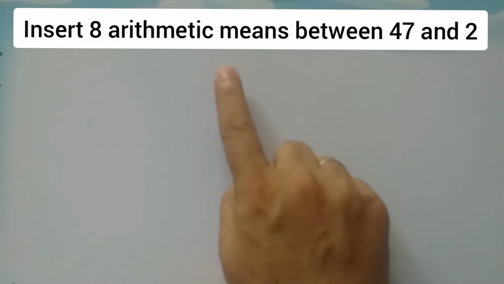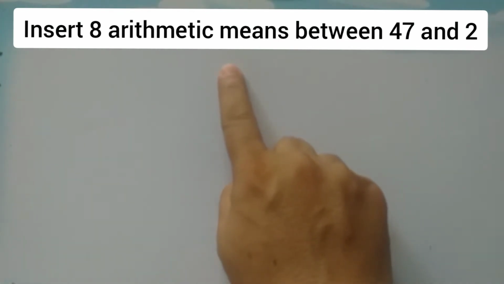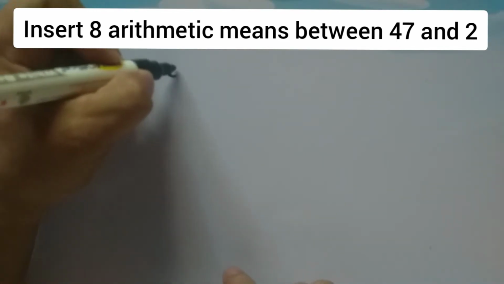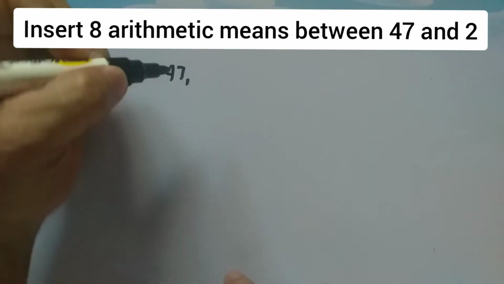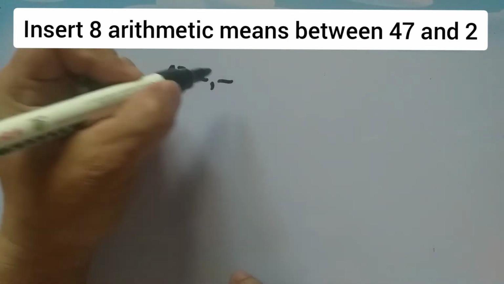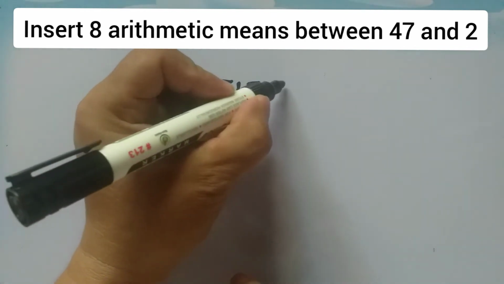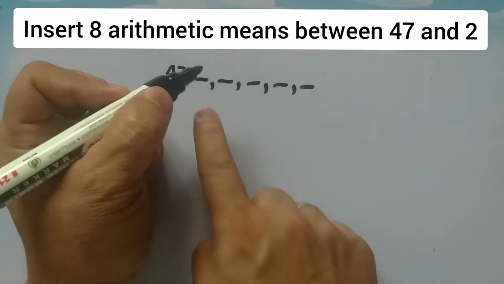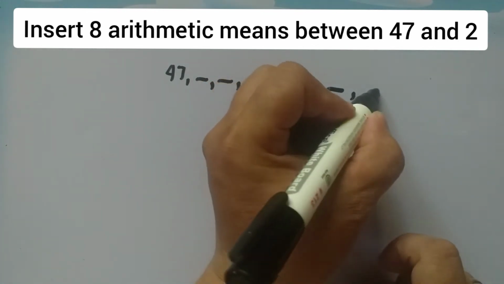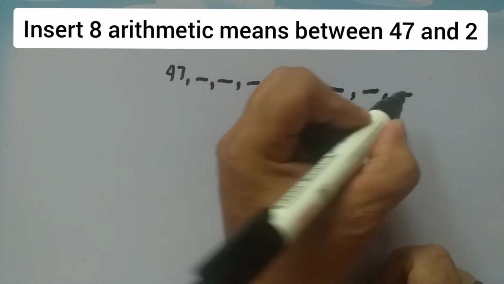Next, we have the given problem. Insert 8 arithmetic means between 47 and 2. So we have the first term, which is 47. Then we insert 8 arithmetic means: 1, 2, 3, 4, 5, 6, 7, 8.